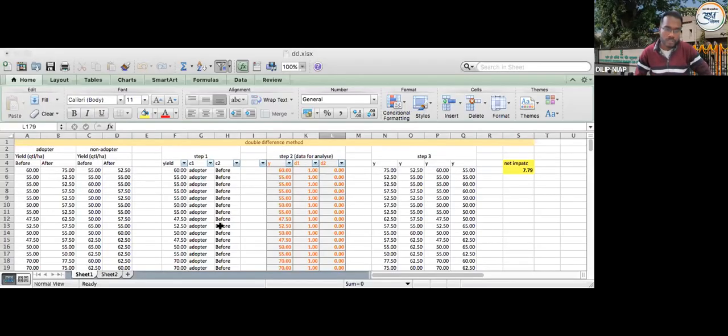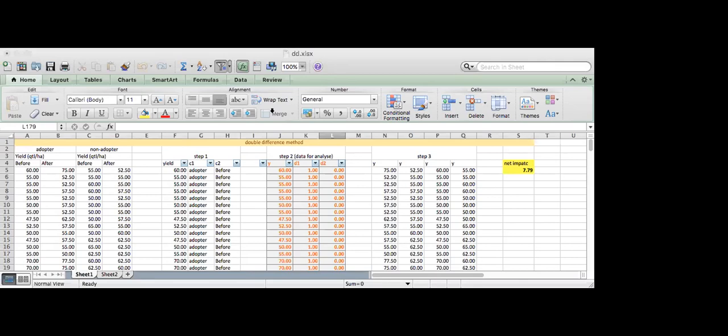I could share now. Share your screen related to the Excel file. Now is it visible? Yes, sir. Continue.